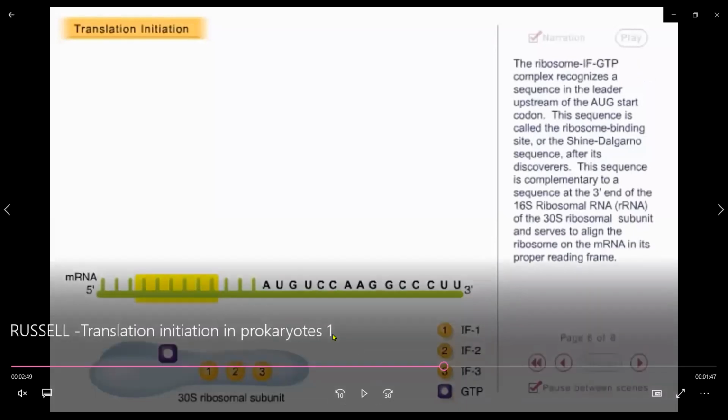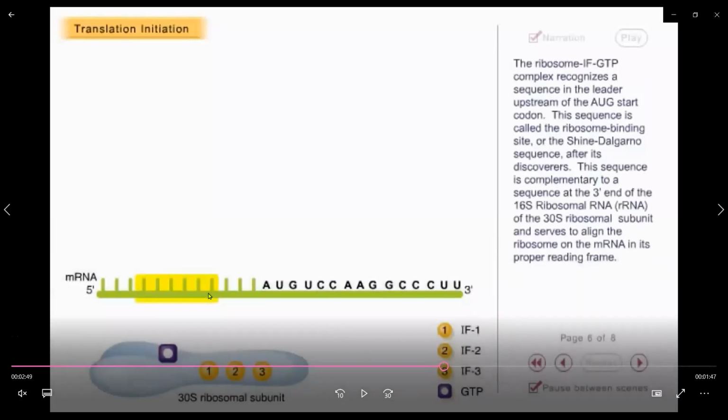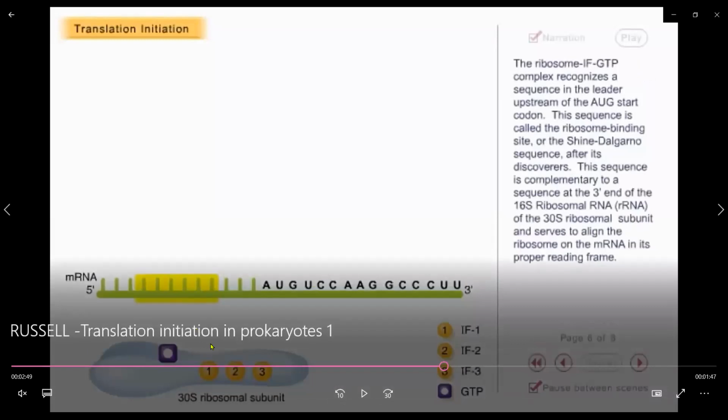Now we had studied that upstream, in the 5' untranslated leader region, there is a sequence which is known as the Shine-Dalgarno sequence. We have studied this. This is a purine-rich sequence. And the ribosome with the initiation factor GTP complex will recognize this Shine-Dalgarno sequence upstream of the AUG start codon.